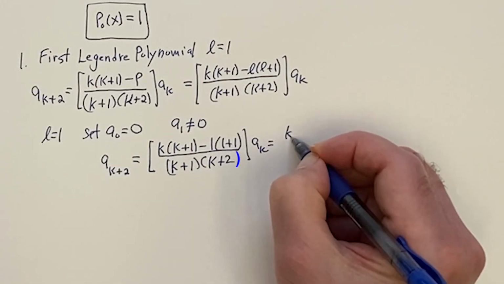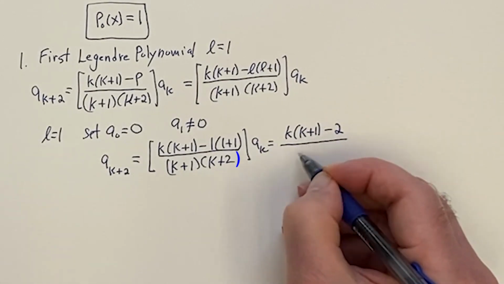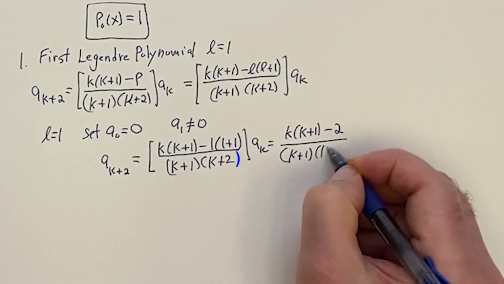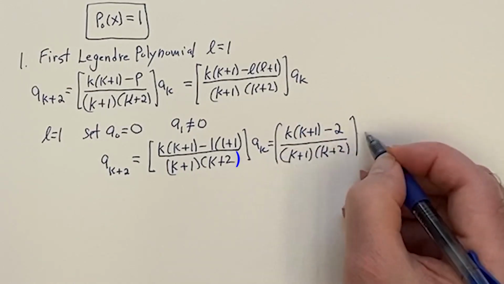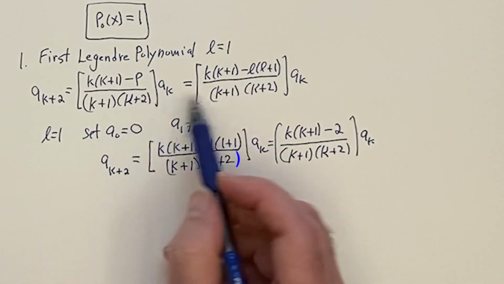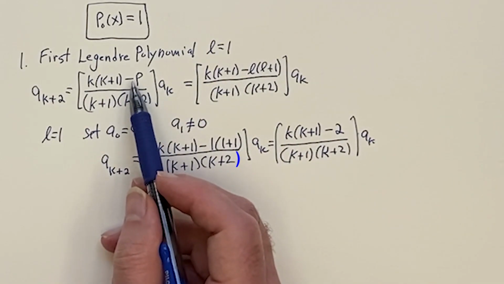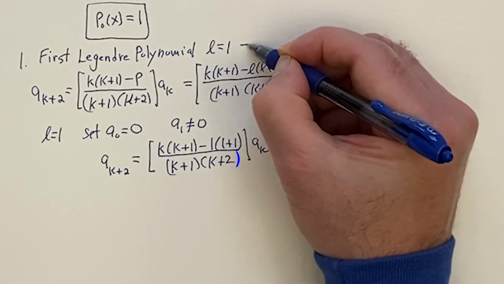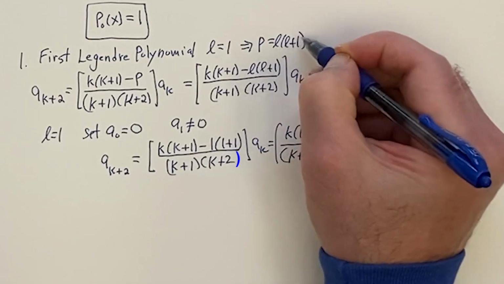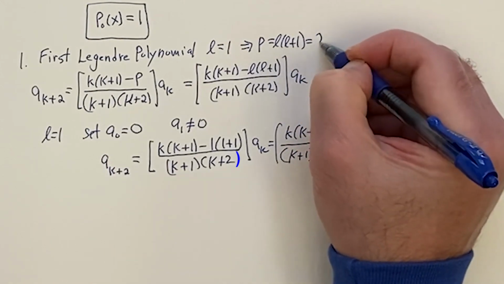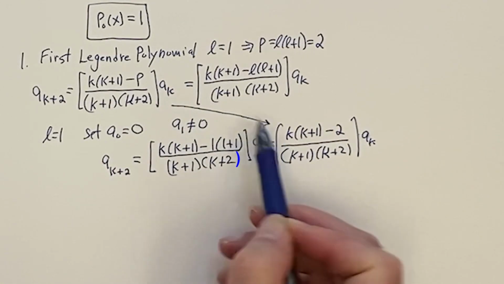And this is going to get you K plus 1 minus 2 over K plus 1, K plus 2. And that was a personal choice. I mean, you could keep it like this if you want. And then when you have L equal to 1, the P, which is L times L plus 1, would be 1 times 2. Would be 2.